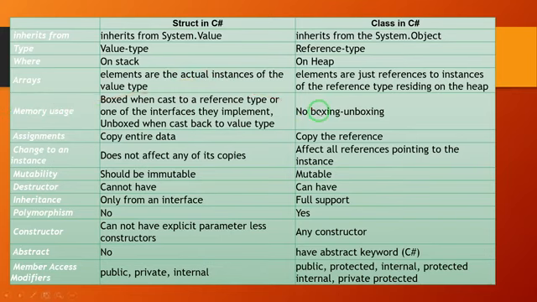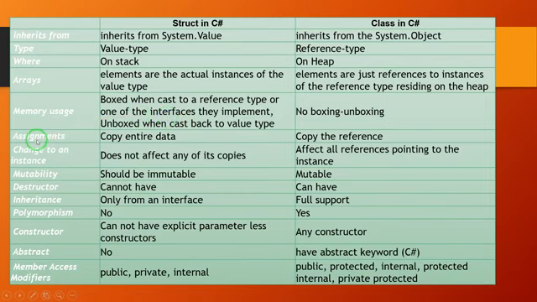In the case of a class, there is no boxing and unboxing concept. If you are new to boxing and unboxing, you can check the playlist. There is one video on the difference between boxing and unboxing in C#.